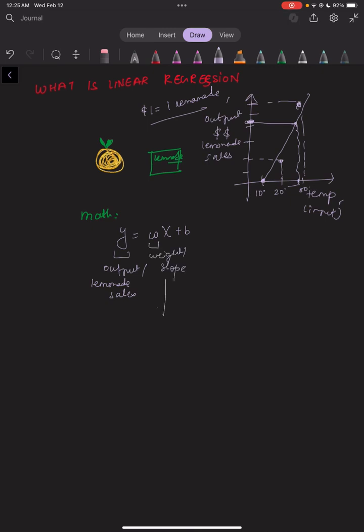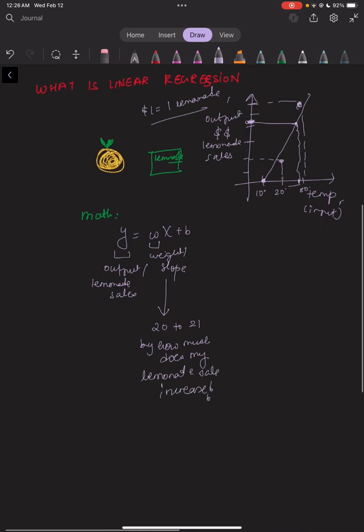Now, what is this? This is how much sales increase per degree of temperature. So when the temperature increases from 20 to 21, by how much does my lemonade sale increase? It's very simple. The formula to find this is (y2 - y1) / (x2 - x1).